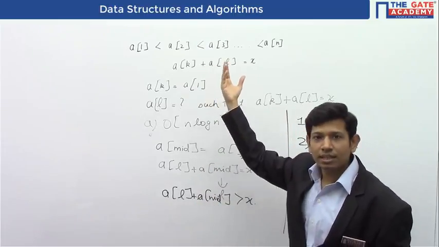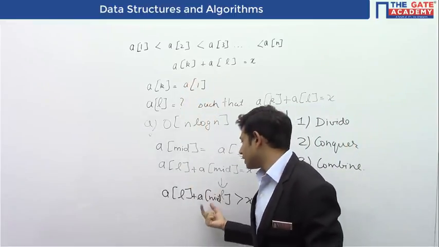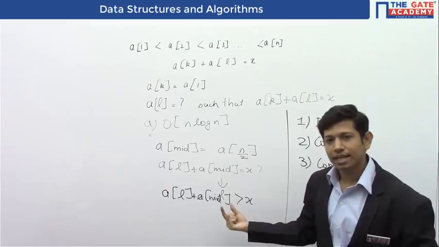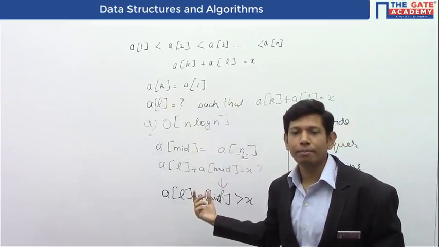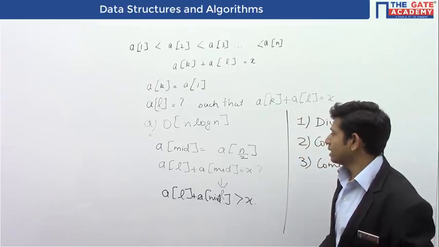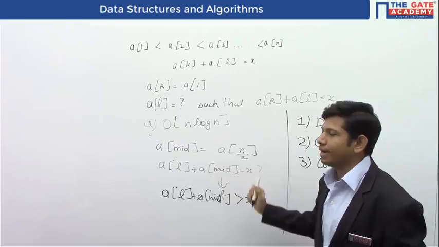And since the array is sorted in ascending order, the desired value of L lies in the left part of the current mid.